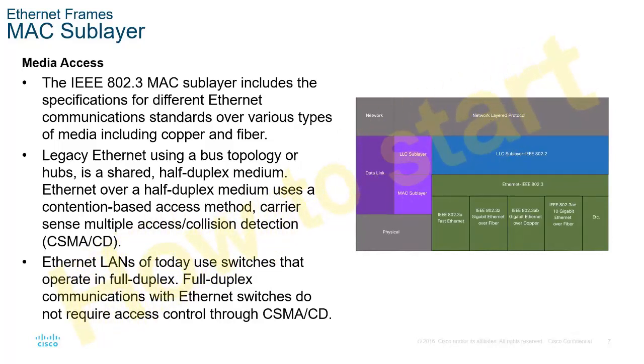So Legacy Ethernet has this technology called carrier sense multiple access with collision detection, CSMA/CD. It allows for the detection of a collision on the medium. If a collision is found, then a random hold down timer would be placed so that they would pause transmission and try again at a later time.